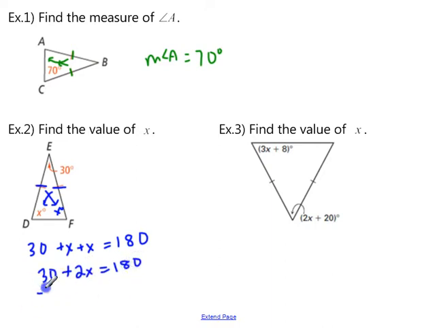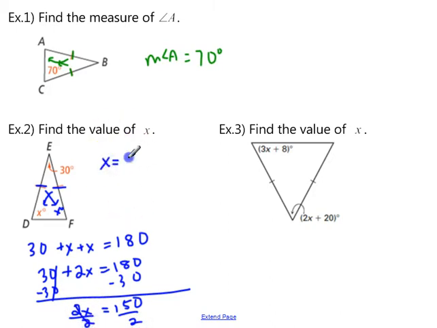And then we want to subtract 30 from both sides. And then we're left with 2x equals 150. And then we want to divide both sides by 2. And I'm going to write my final answer up here. X is equal to 75.